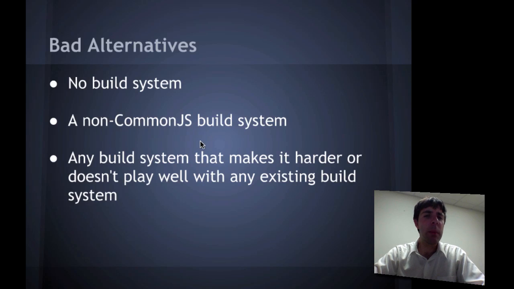Using a non-CommonJS build system, really dumb idea, really annoying, really hard when you want to take somebody else's stuff and then package it. Especially when it assumes things like this is the global. And then any build system that's just going to make it harder or doesn't play well with existing build systems.